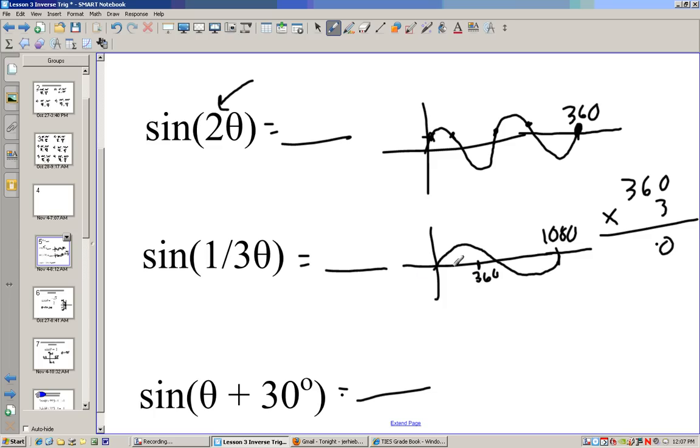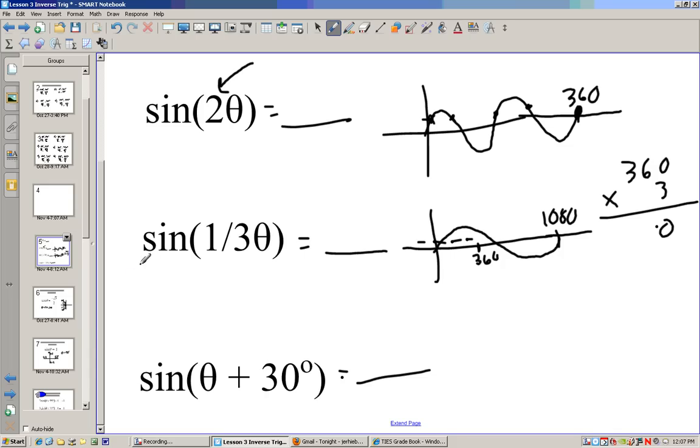So if I want to see all the values between 0 and 360 in this graph, there might only be 1. There could be 2, and there could be 0 if it was a negative number. Now, sine of theta plus 30 moves the graph to the left 30, and then we do our sine. So each of these changes the function.